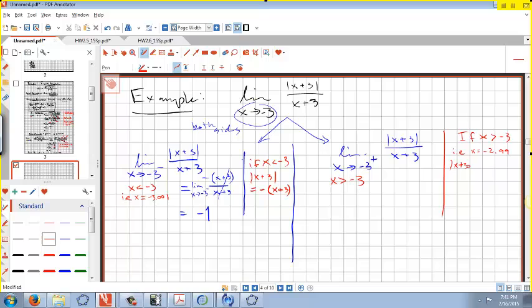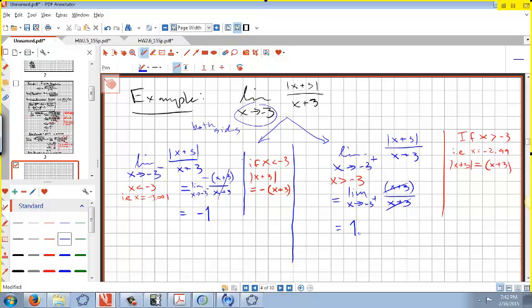So the absolute value of x plus 3 will equal x plus 3. Since I'm doing a right-hand limit, I can replace this and say that this is just x plus 3 divided by x plus 3, and the x plus 3 cancel, and I get positive 1.